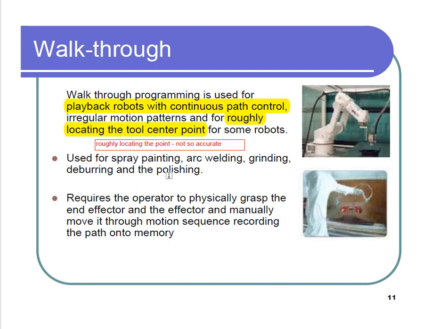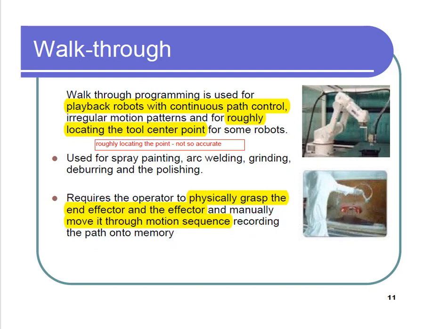The movement sometimes is a bit complex. So you need to ask the operator to physically grab the end effector and manually move it through a motion sequence, recording the path onto a memory.